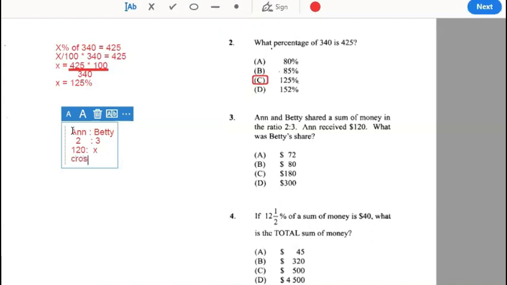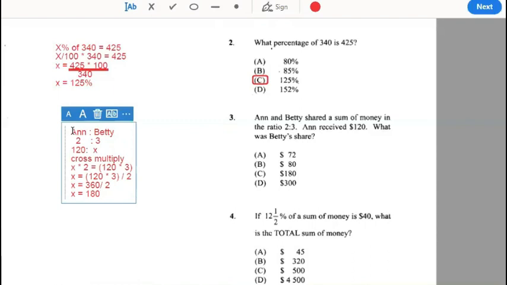So we cross multiply, and we get x times 2 is equal to 120 times 3. So x is equal to 120 times 3 divided by 2. x is equal to 360 divided by 2. So x is equal to $180, and it is as simple as that.